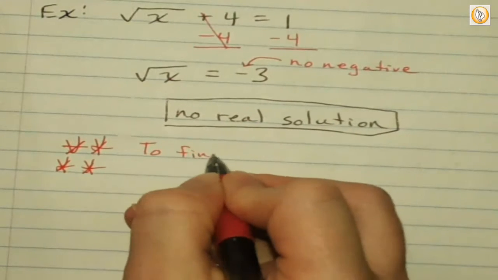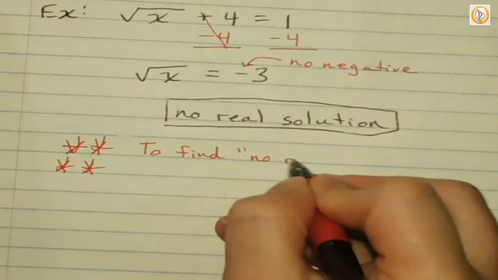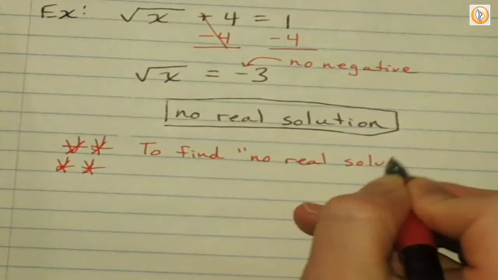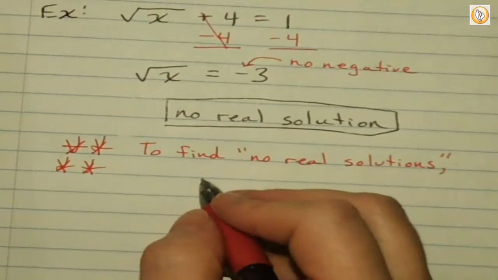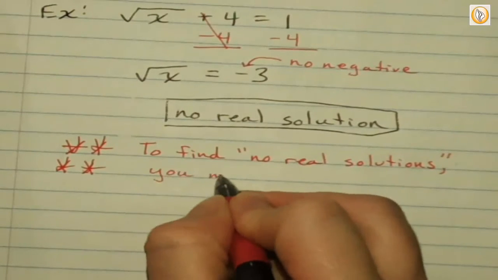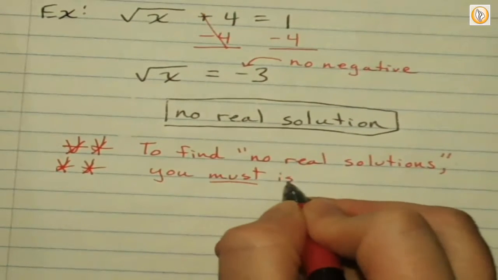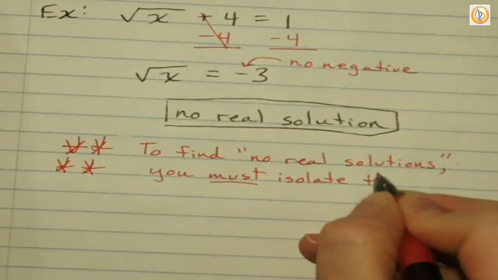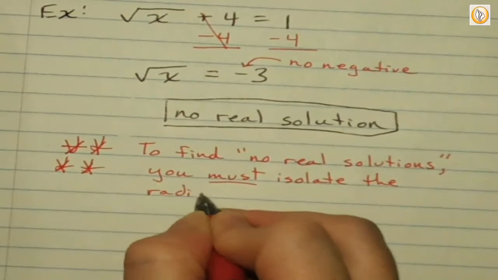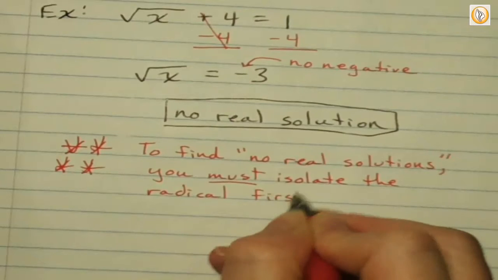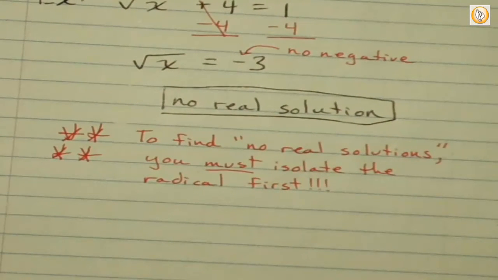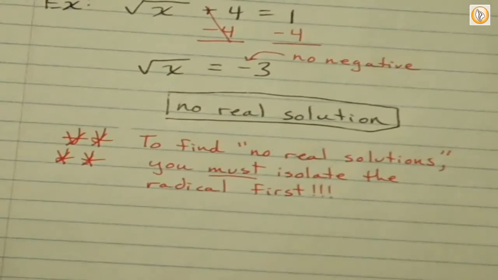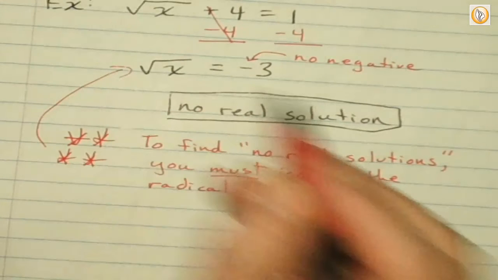To find no real solutions, you must isolate the radical first, which is what we did.